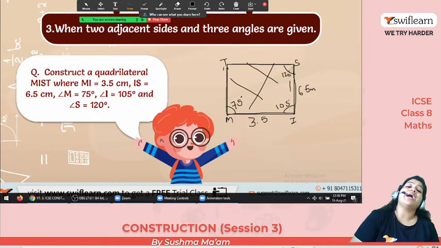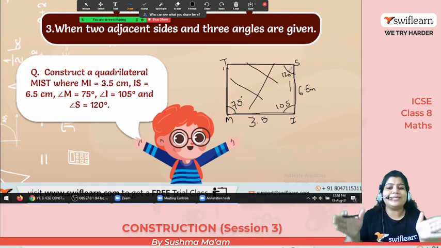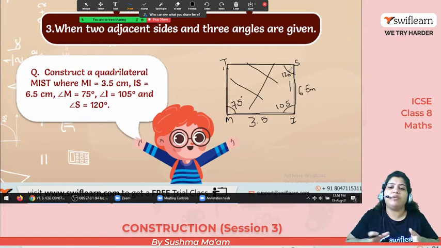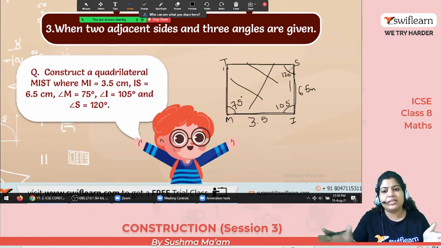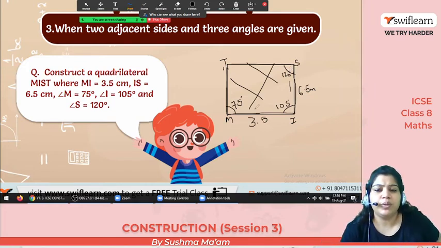So which side do we have to take as a base? From which side do we have to start? Now see, wherever two angles are given, you can start. So here the three angles are given and the base having 2, so you can take it as either MI or IS. That depends on you.